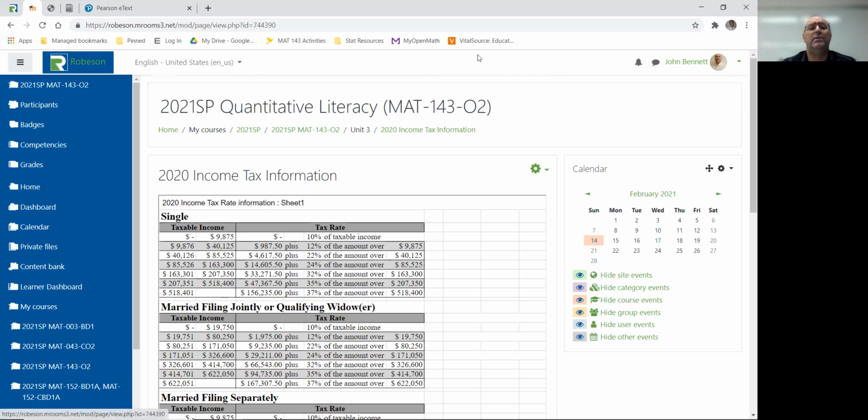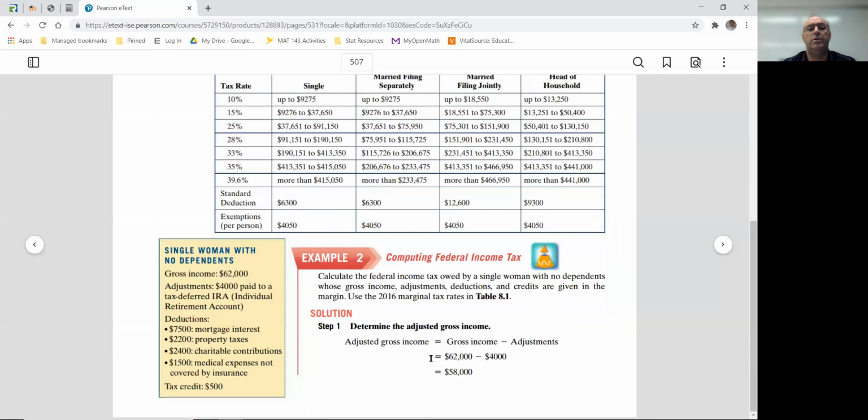So let's see how we would do that for the example that's included in the textbook. We're going to do example 2 on page 507. This is an example for a single woman with no children, no dependents, who made $62,000 in gross income, had adjustments of $4,000 because of deposits to an individual retirement account. She also had deductions that are listed here.